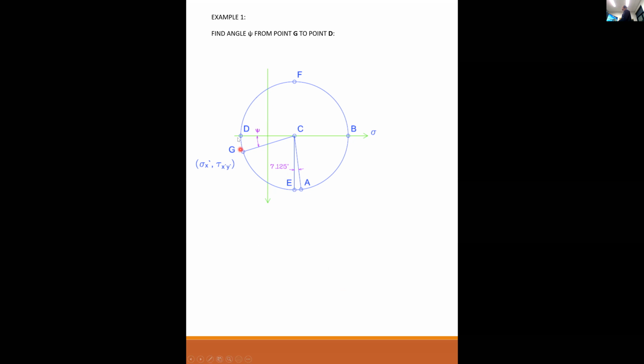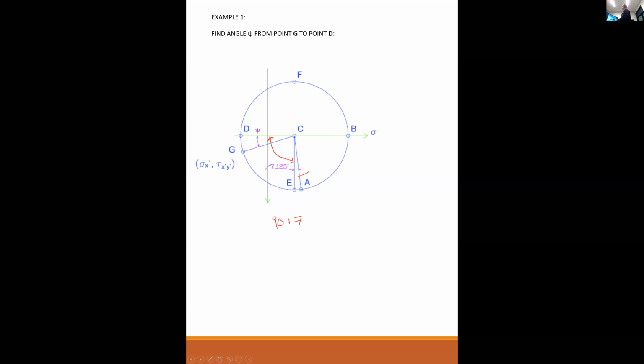From E to D is 90. From here to here is 90, right? Okay, so this is 90, plus we know this is 7. So that's 90 plus 7. But then how far is it from A to G?